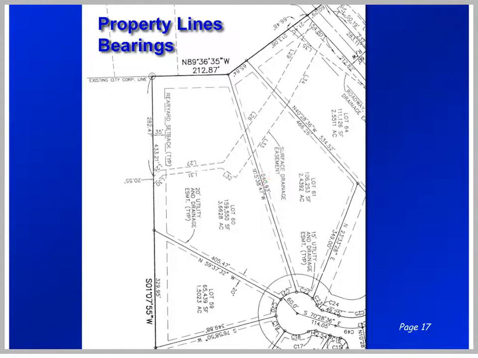It's 640.93 feet long. That tells you how far it is from this point all the way down over to this particular point. The plan will also show you all the different offsets, where the street is, where the setbacks are, where some easements might be down along a particular side of the property.